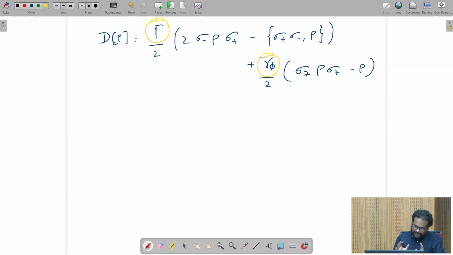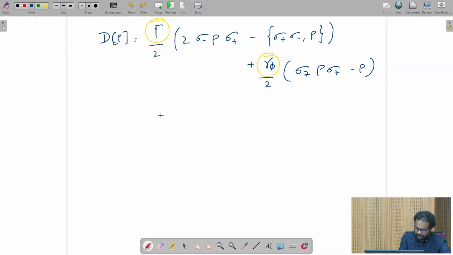Okay, so now I want to write down the optical Bloch equations in this context. Again, I'm not going to solve this because I'm not going to gain anything by solving this. QuTiP will do this for us, so we don't need to worry about writing it down explicitly. But for the sake of instruction, let's just write down a couple of those equations. Let's say we take the excited state population.